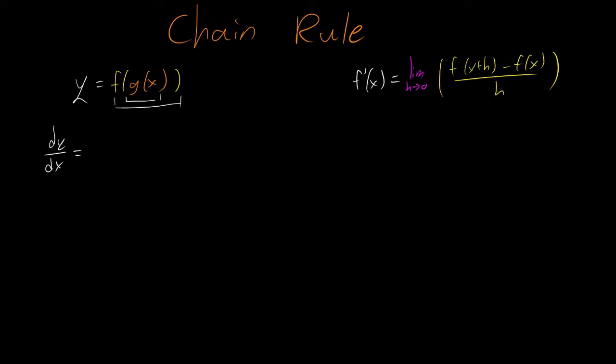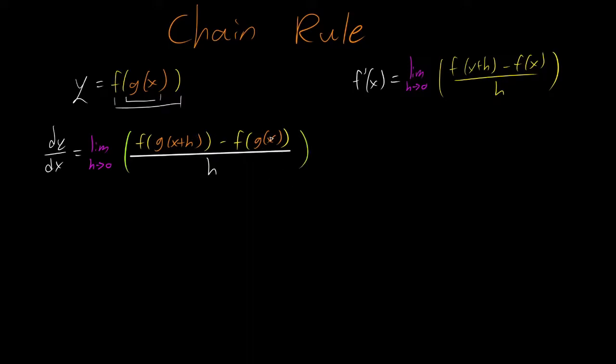So dy dx is equal to the limit as h approaches 0 of f of g of x plus h minus f of g of x, all this over h, and that is our expression.